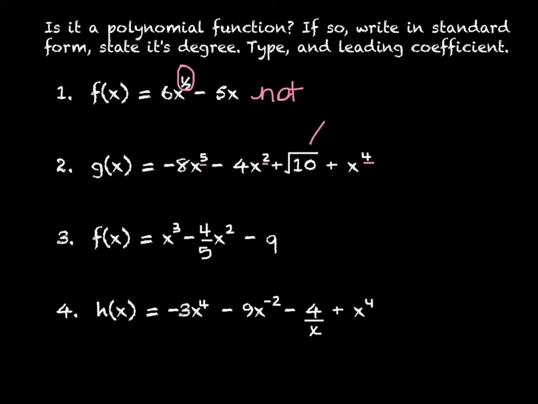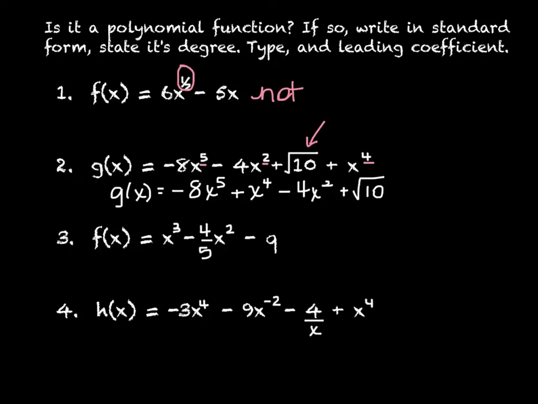In the second one, you see all of my exponents. This would be a degree of 0 right here because it doesn't have a variable with it. So I'm going to put this in standard form, and to put it in standard form, I need to put the largest exponent first and continue decreasing. This is now in standard form. Notice my exponents go from 5 to 4.